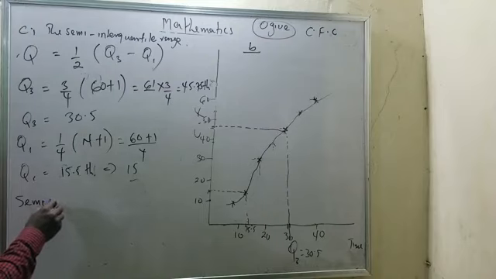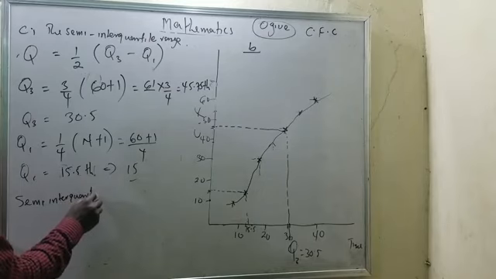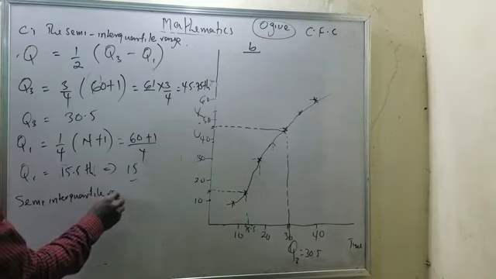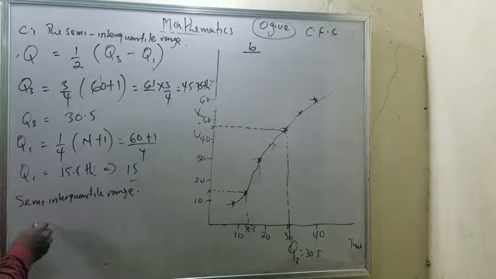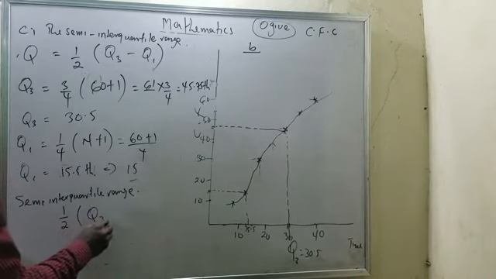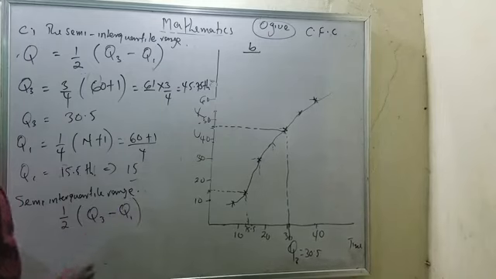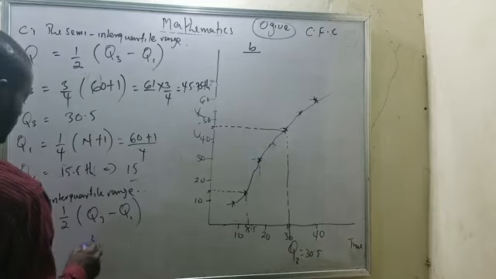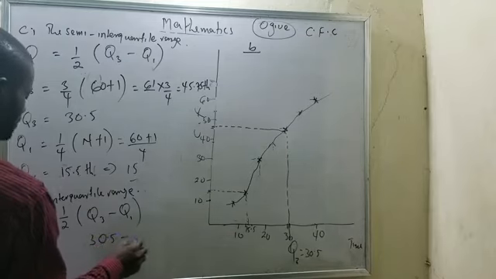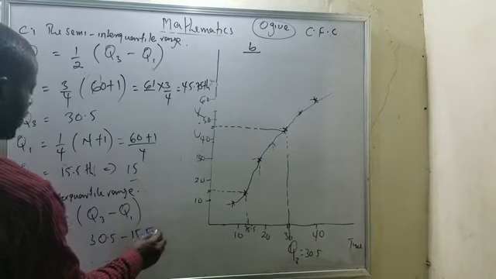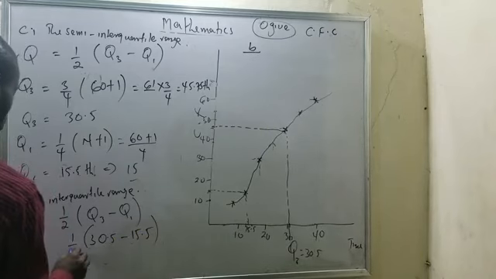Now, since I have that, my semi-interquartile range will be equal to 1 over 2 of the bracket Q3 minus Q1. My Q3 is 30.5 minus 15.5, all multiplied by 1 over 2.